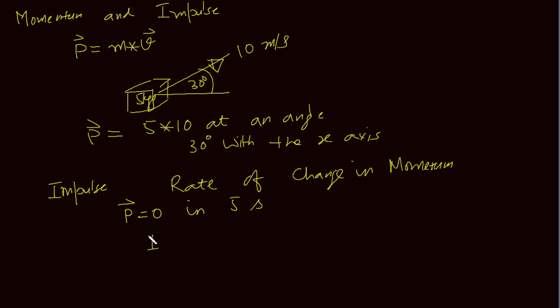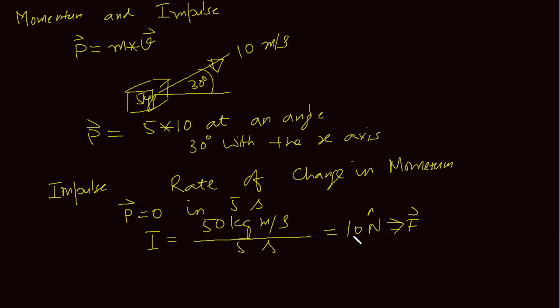So impulse will be the initial momentum, which is 50 kg meters per second, divided by 5 seconds, and that is 10 Newton. So as you can see, the smaller the time, the more the impulse, and impulse is the same as the force.